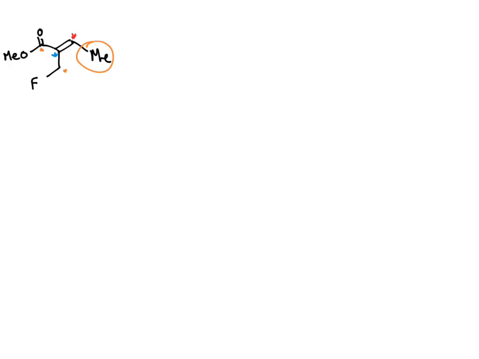And so fluorine is the one that is higher atomic number, even though that top orange carbon is bound to 3 different oxygen atoms. 3 different oxygen atoms is not higher priority than a single fluorine because it's based upon atomic number. And so these groups are on the same side, and so this would be an example of a Z alkene.